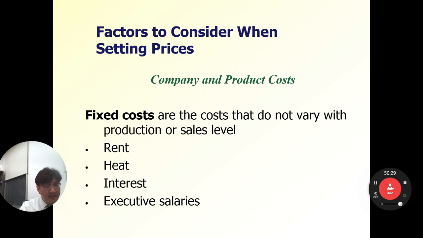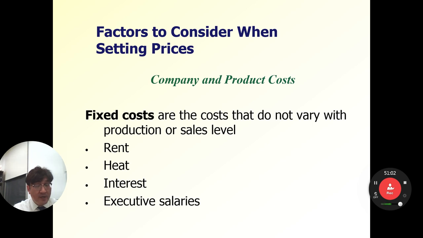The heat is the same thing, the utility costs. What about the interest? Suppose you buy the factory. To buy the factory, you borrow money from the bank. Say you borrow $1 million.